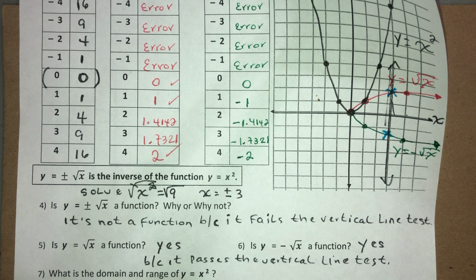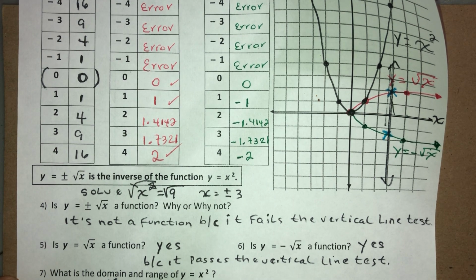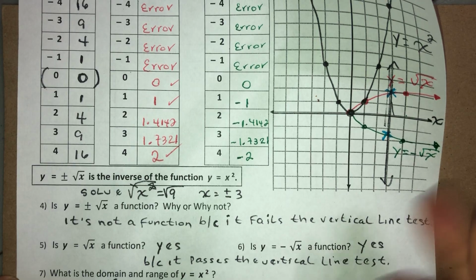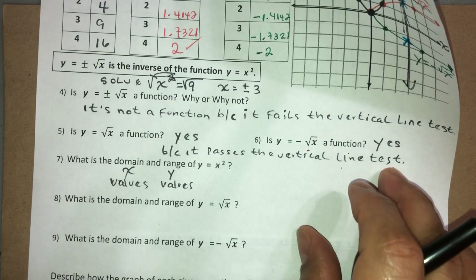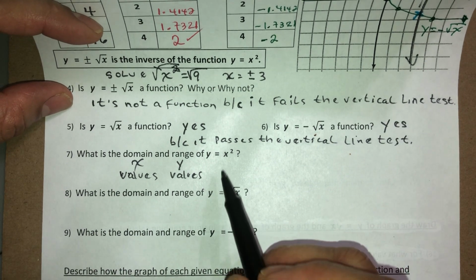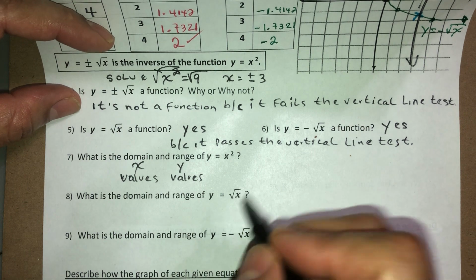Domain and range. Everybody knows that, right? Domain means the values of x and range means the values of y. Okay. So, from the parabola, everybody remember the parabola because we did this before, and I'm going to explain to you why.